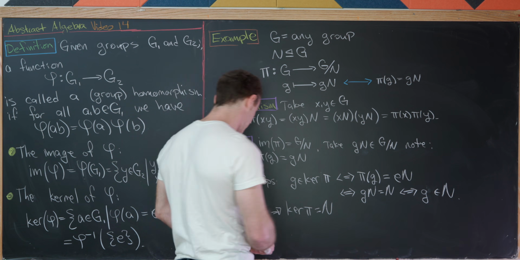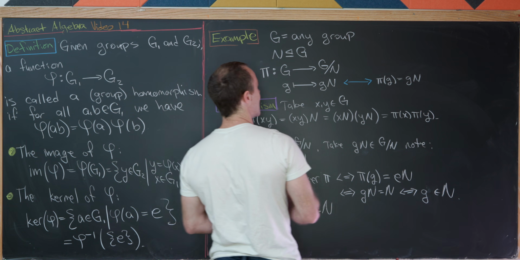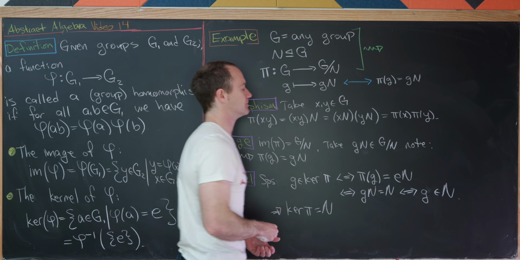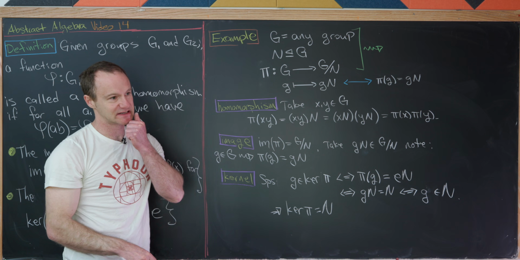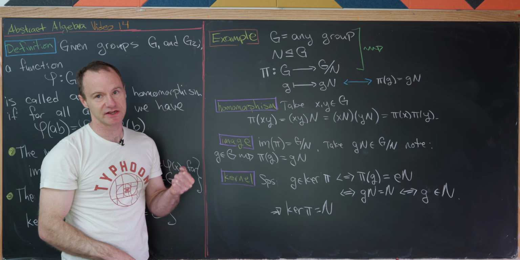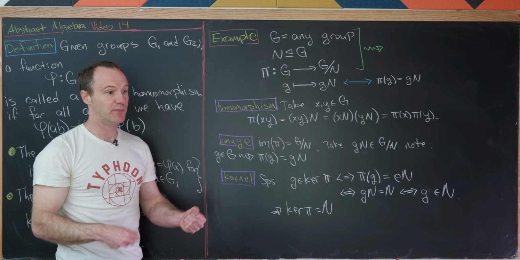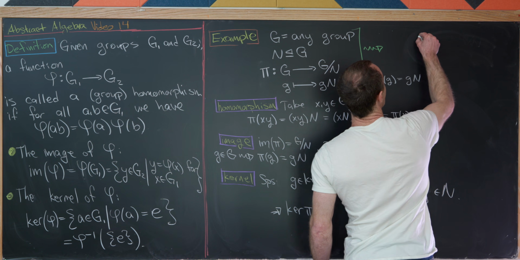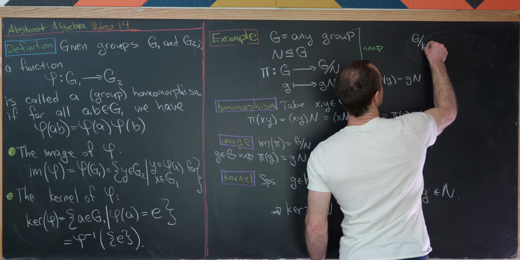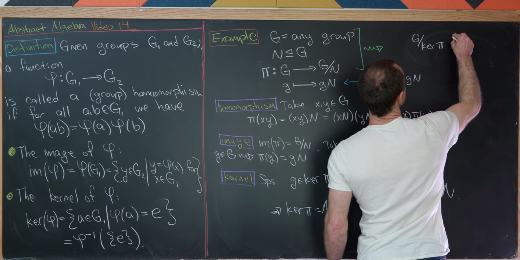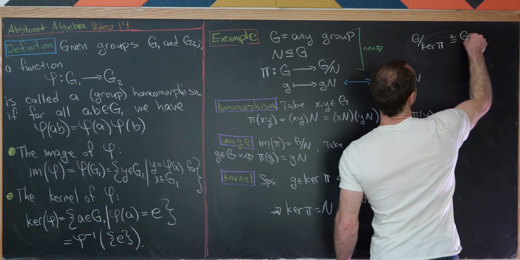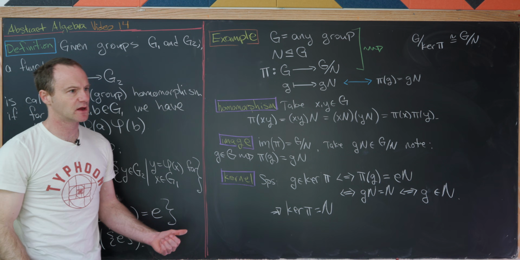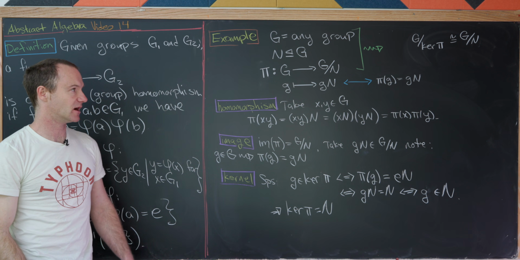So now I'd like to point out that this whole setup gives rise to a certain isomorphism. And this isomorphism is not very interesting in this case, but it can be generalized to bigger cases. We have G mod the kernel of pi is equal to G mod N, but then equal to, isomorphic with, just the identity operation.